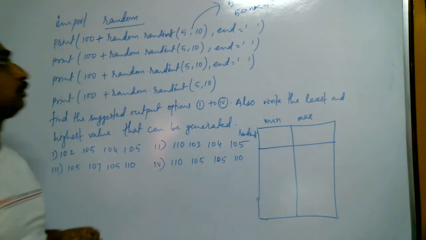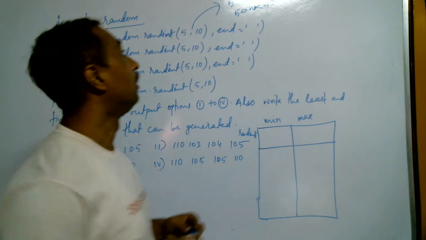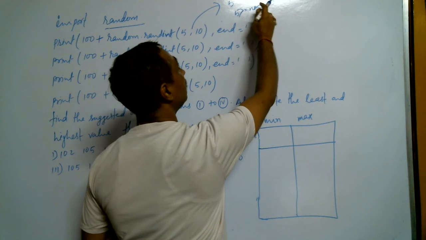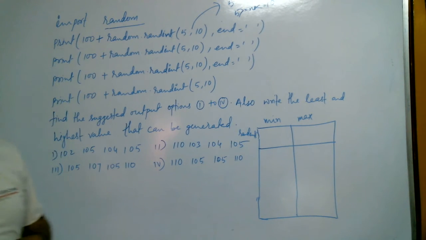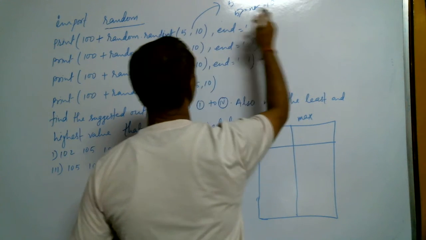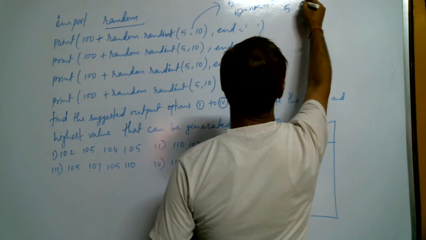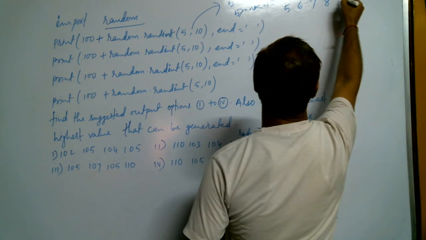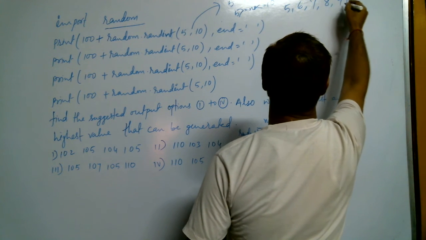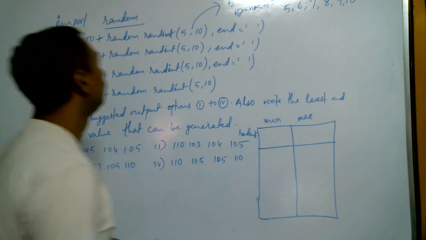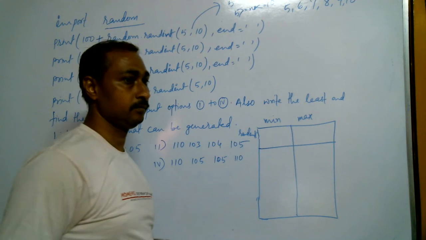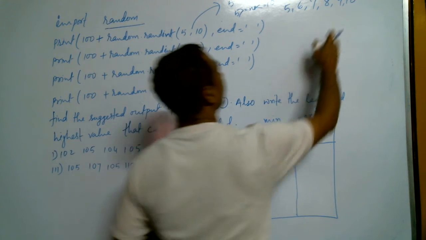The number can be greater than or equal to 5 and less than or equal to 10. So the possible numbers from the randint function are 5, 6, 7, 8, 9 and 10.